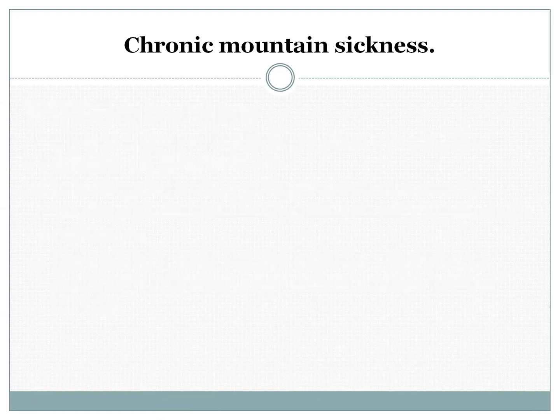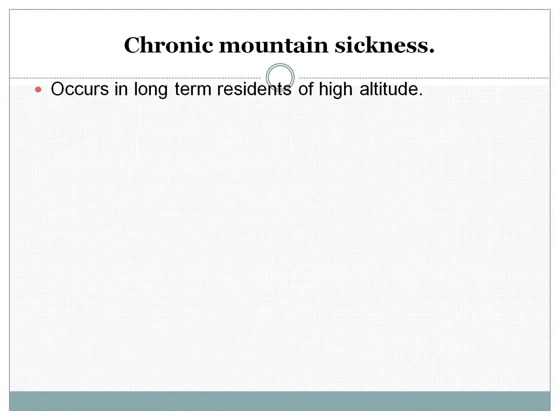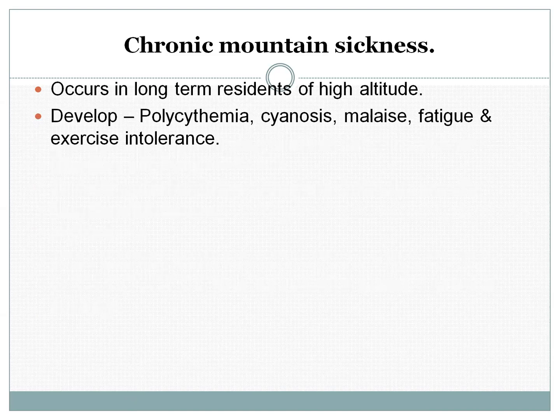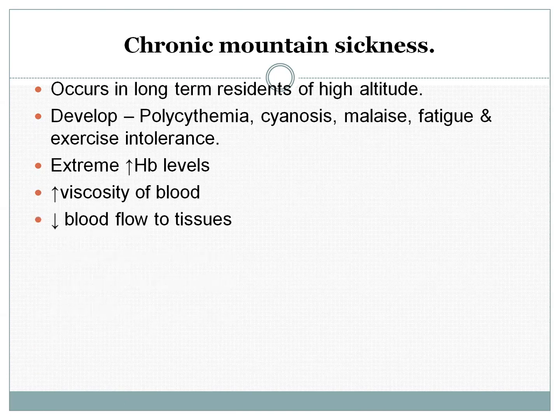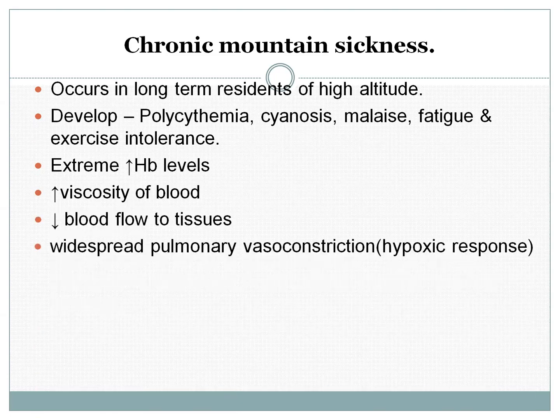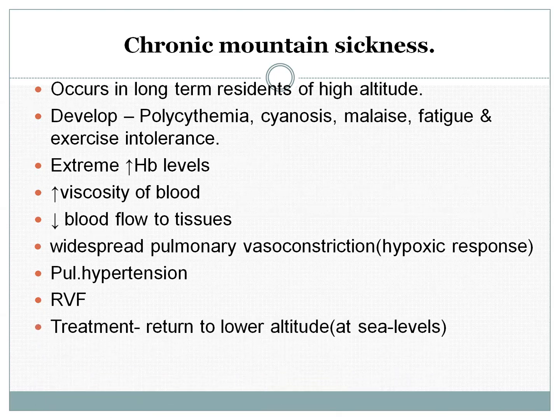The third condition is chronic mountain sickness. It occurs in long-term residents at high altitude. It develops polycythemia, cyanosis, malaise, fatigue, and exercise intolerance. There is an extremely increased hemoglobin level, increased viscosity of blood, and decreased blood flow to the tissues, and that leads to pulmonary vasoconstriction, causing a hypoxic response, leading to pulmonary hypertension, and due to excess workload, there may be right ventricular failure.